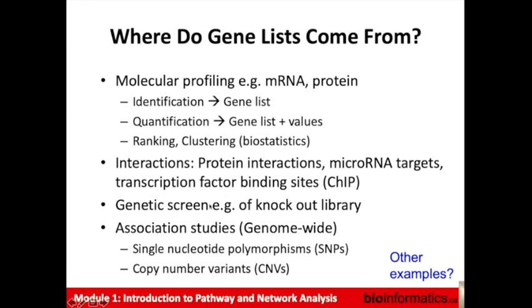A genetic screen, like a CRISPR screen, can also provide a list of genes, and genome-wide association studies can identify genes that are linked to SNPs that are associated with a phenotype of interest. And each of these methods generates a gene list, but the gene lists frequently mean different things based on the methods. And you can think of other examples that might be relevant to your own work.